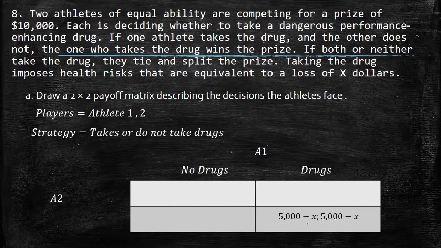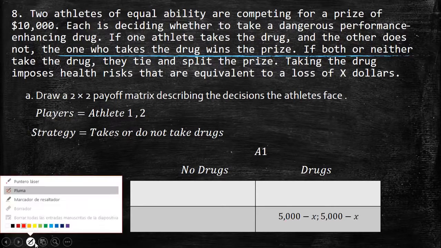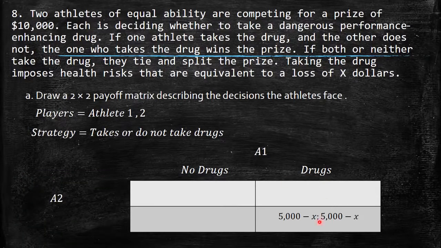So here you will have, this is really important to understand that. I know that after seeing that it is easy, but maybe at the very beginning it is not immediate. So here we have the payment should be 5,000, okay, because in this one they will tie because they have equal ability. So assuming that both have exactly the same ability, when they both take drugs, they will have the prize split.